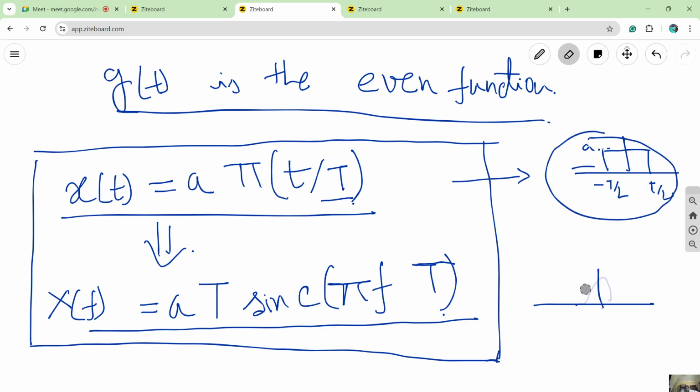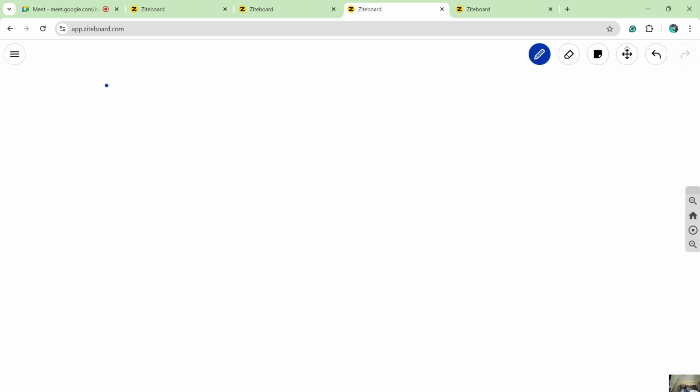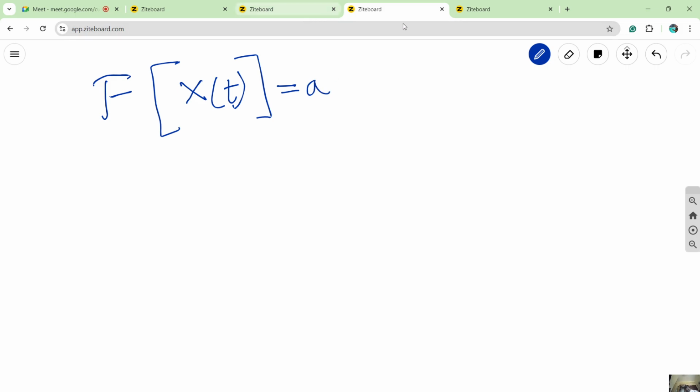So from this property, using duality, we can write the Fourier transformation of x(t) is equal to A by T, using duality.